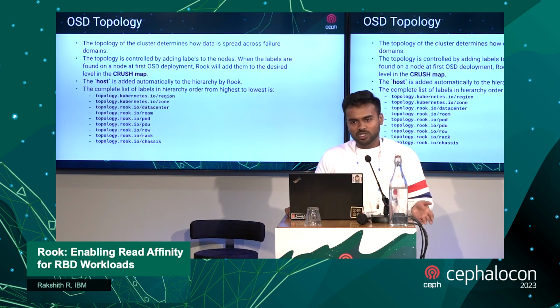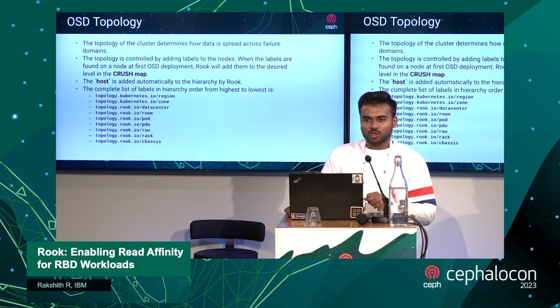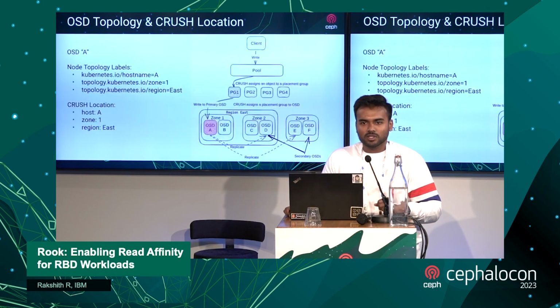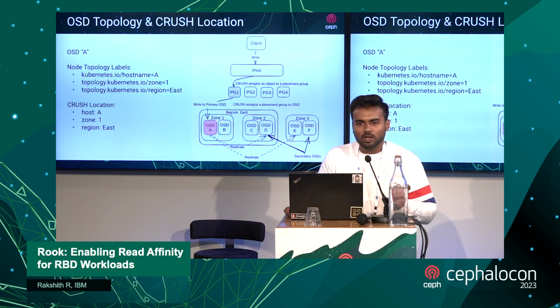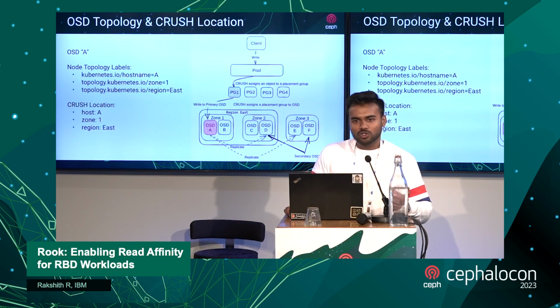So whenever an OSD deployment is spawned, it is spawned with these CRUSH location values. Here we can see the node topology labels being hostname as A, zone 1, region east. This translates into a CRUSH location of host A, zone 1, and region east for OSD A.